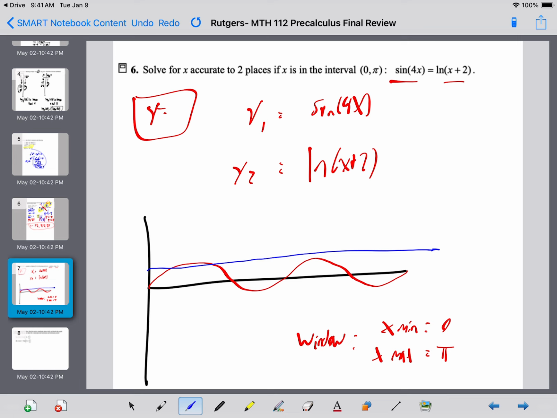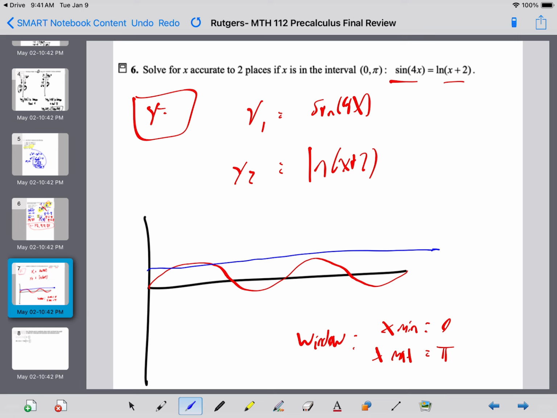Okay, so I see that one intersection point. There might even be 2. So I'm going to solve for x accurate to 2 if x is in the interval. Okay, like I said, there could be more than one point.